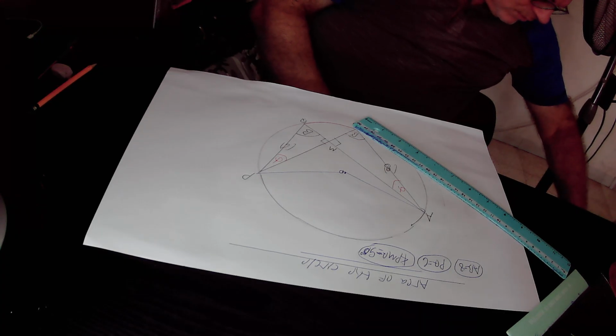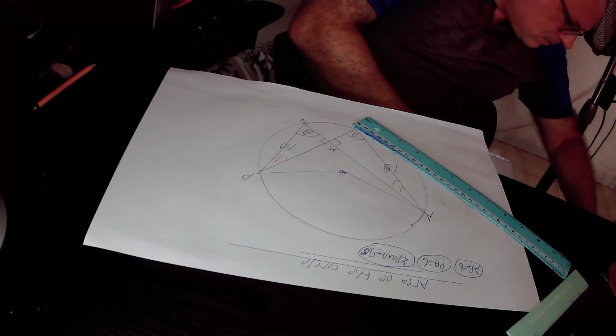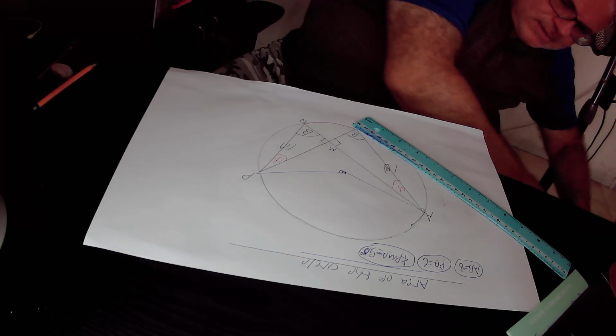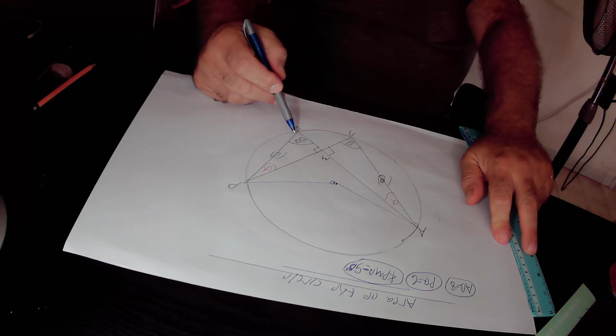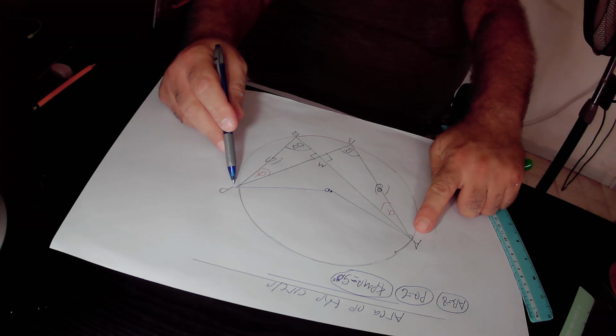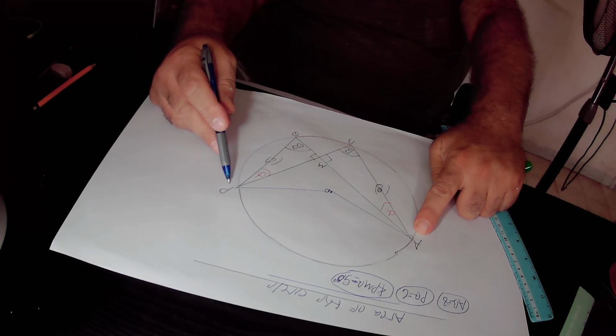Why? Because in our drawing, this is peripheral angle AQP. Peripheral angle AQP subtends on arc AP.